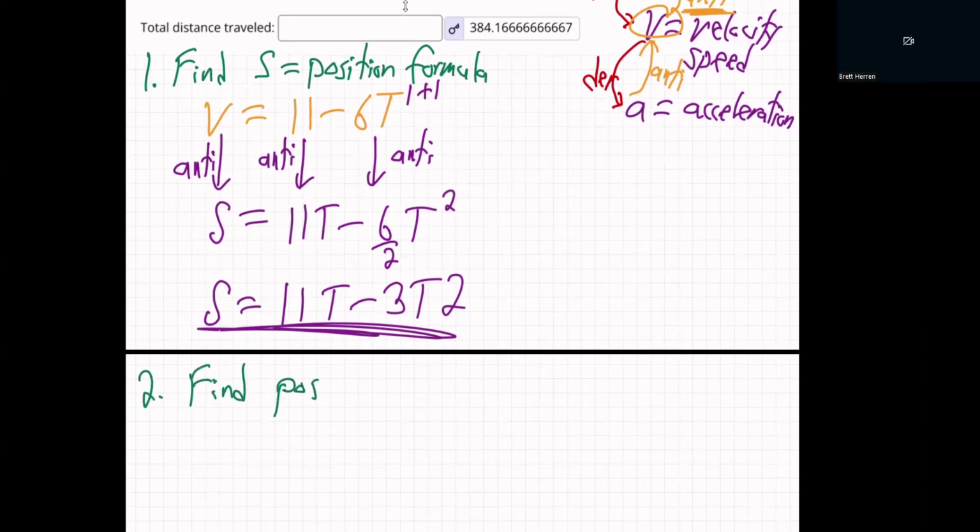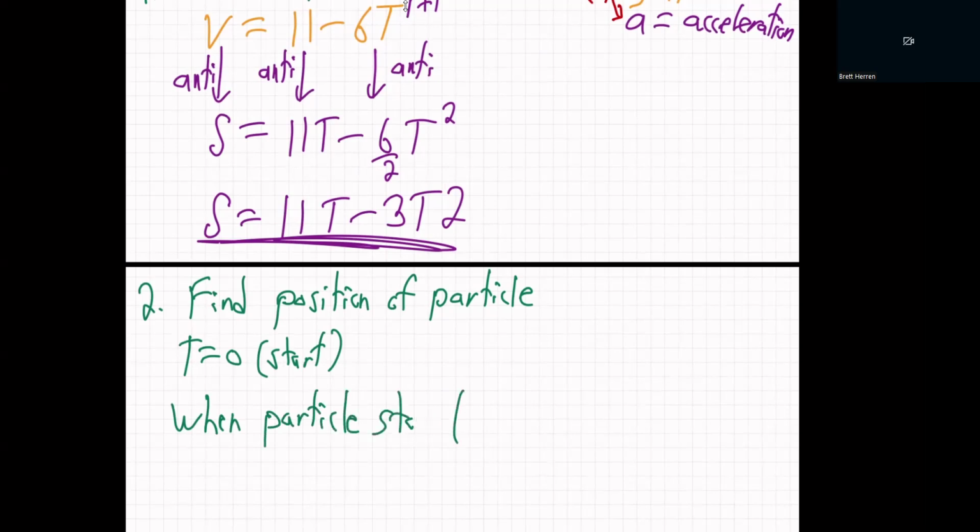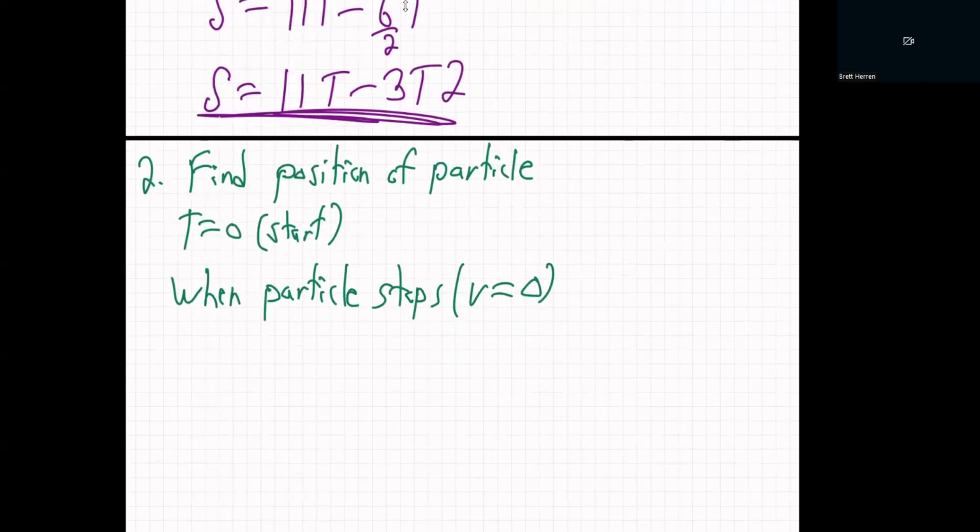Step number two, find the position of the particle at t equals 0, which is where the particle starts, when the particle stops, which means velocity is 0, and t equals 13 at the end.